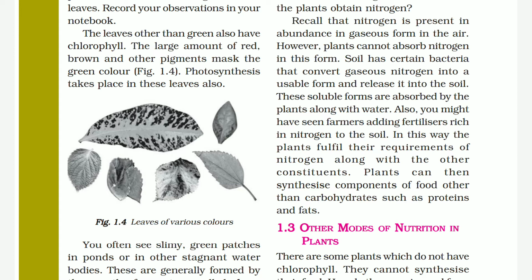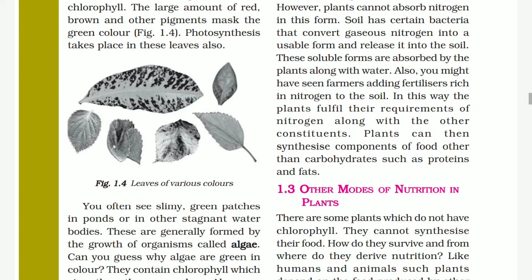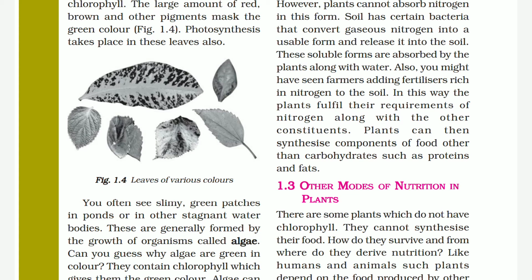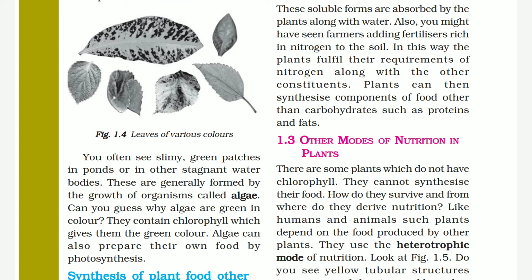Also, you might have seen the farmer add fertilizer which is rich in nitrogen, which contains the nitrogen, right? In this way the plant fulfills the requirement of nitrogen along with the other constituents. Plants can then synthesize components of food other than carbohydrates, such as proteins and fats.